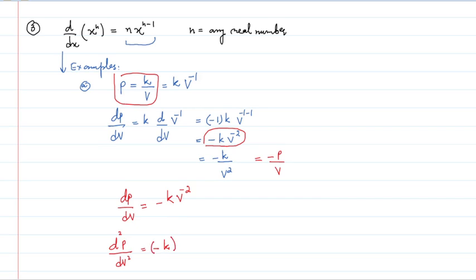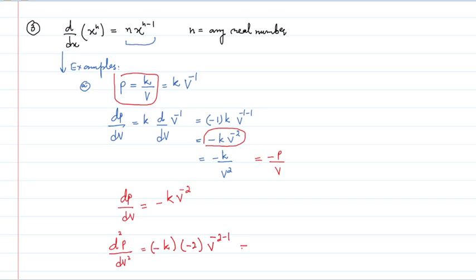Now we will differentiate this v raised power minus 2. It will be x raised power n type, so it will be minus 2 v raised power minus 2 minus 1.